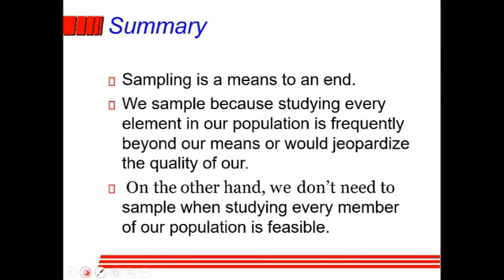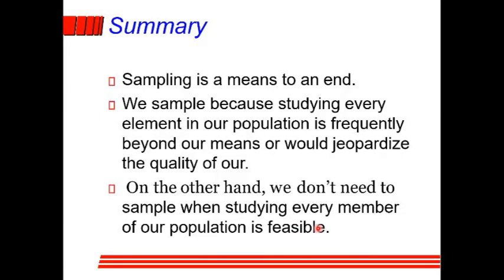So, in summary, we have here, yung sampling is a means to an end. And we sample because studying every element in our population is frequently beyond our means or would jeopardize the quality of our study. And on the other hand, we don't need to sample when studying every member of our population is feasible. So, ang goal lang naman natin dito is, yun nga, kadugtong din siya nung sa hypothesis testing natin.